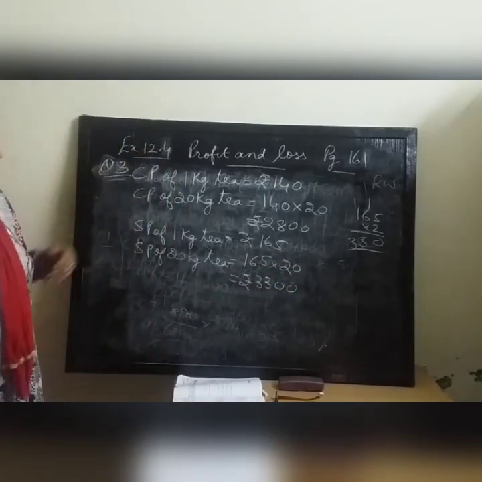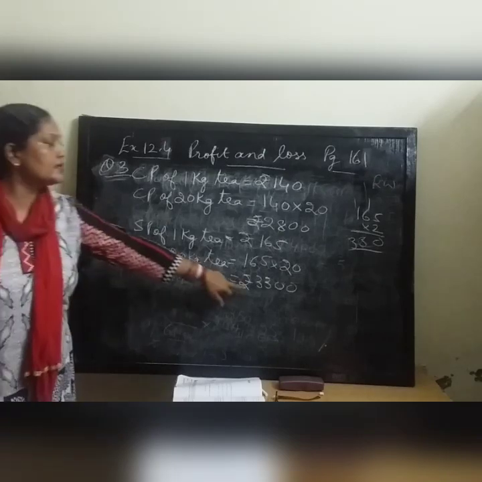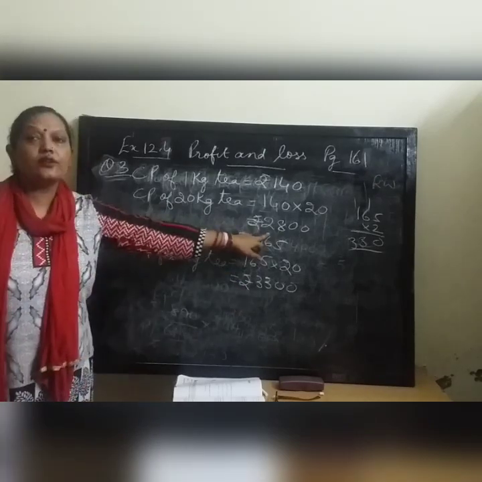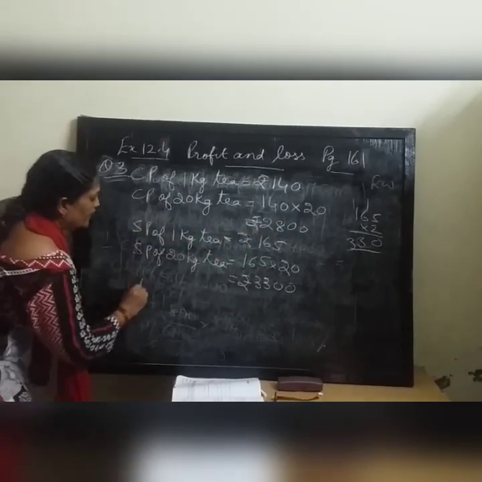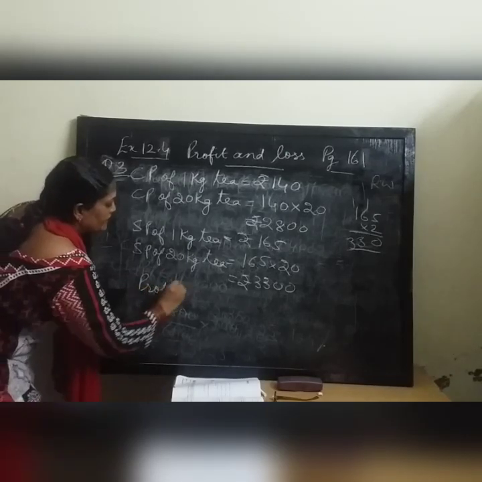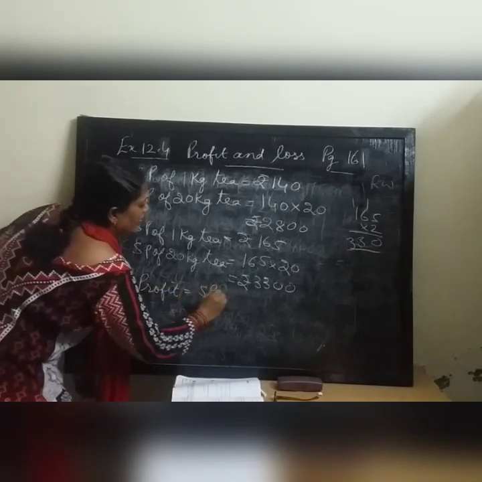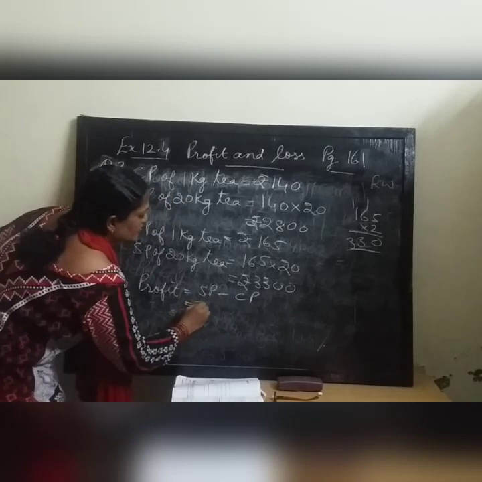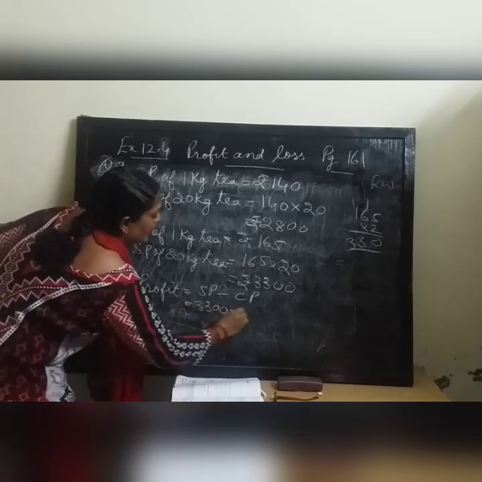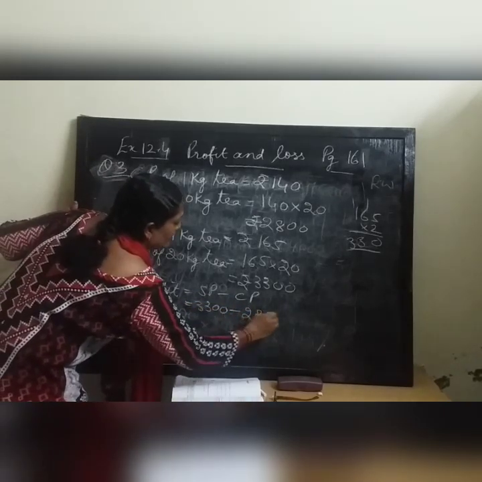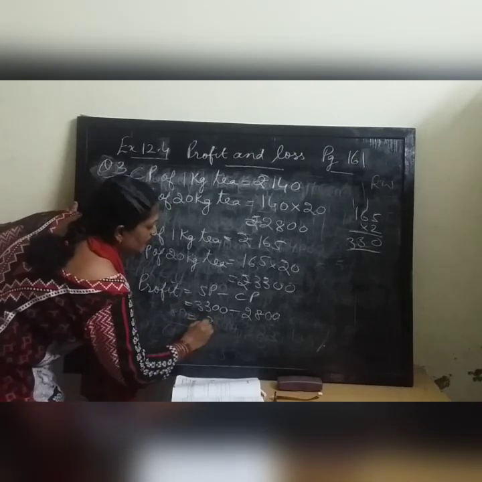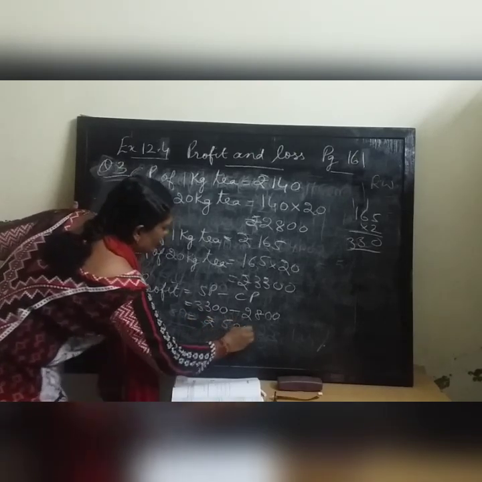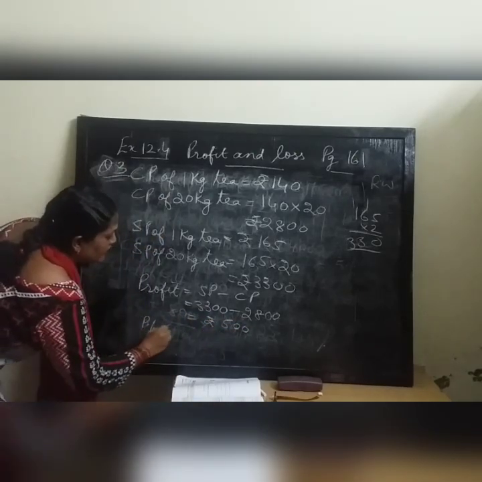Now see, is there a profit or loss? Selling price is more, cost price is 2800. There is a profit. Profit will be SP minus CP, that is 3300 minus 2800, that is rupees 500.